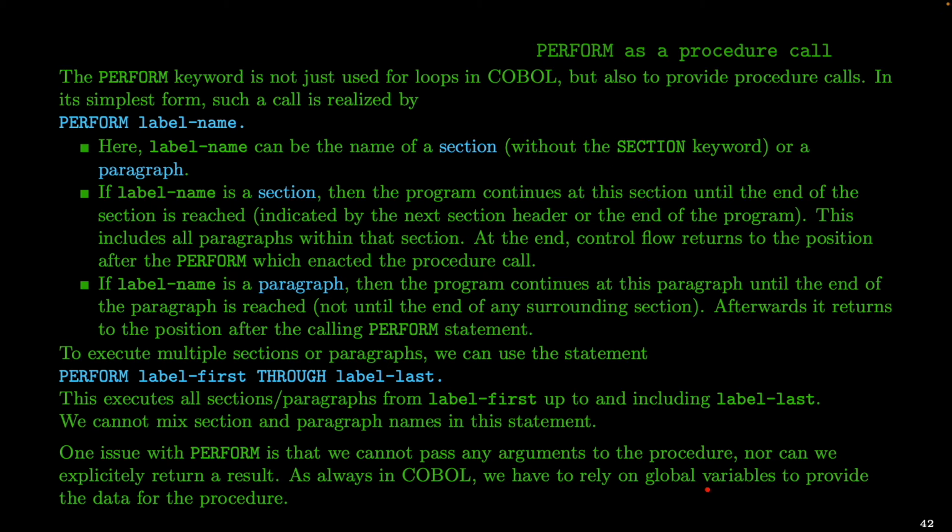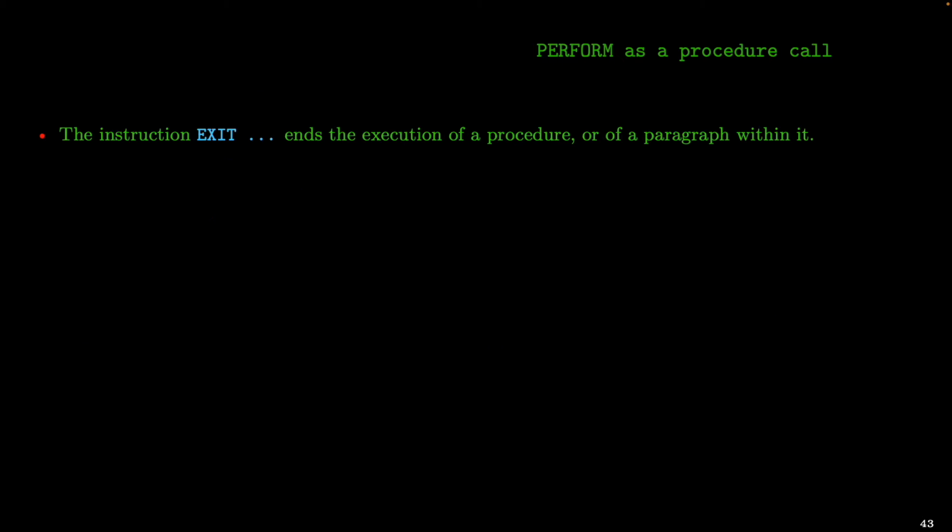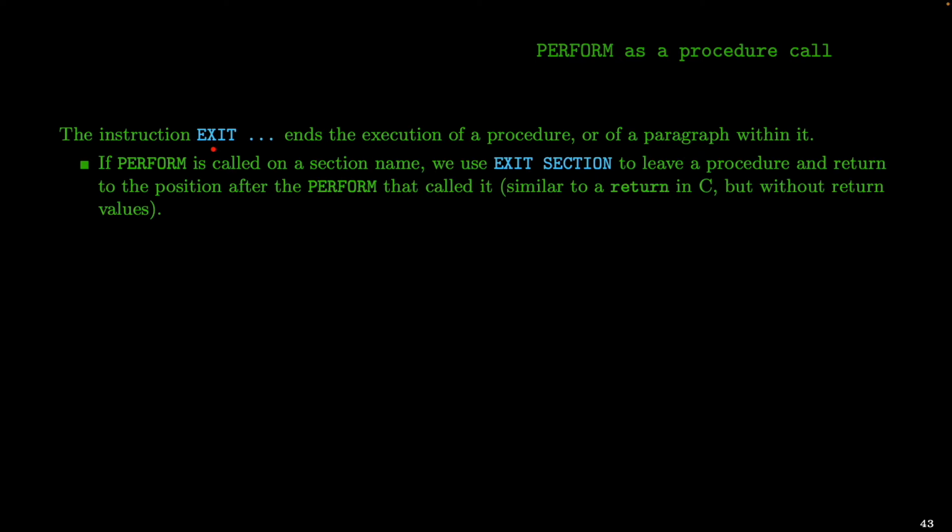So you have to know which variables will be used by the procedure and where any results from any computations will be written. If you want to end the execution of a procedure before reaching the end of the paragraph, then you can use the exit instruction.